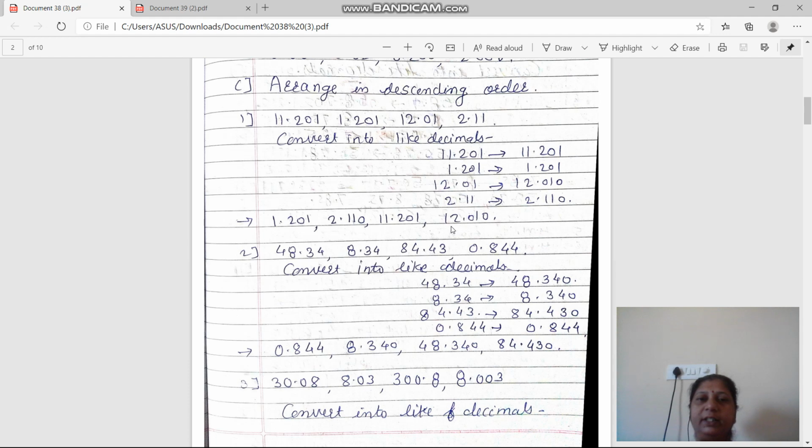Please arrange in descending order, that is 12.010, then 11.201, then 2.110, and last one 1.201. This is ascending order, listen carefully. Descending: first 12.010, then 11.201, then 2.110, then 1.201. Understand everyone?